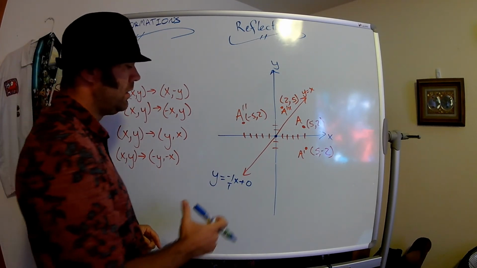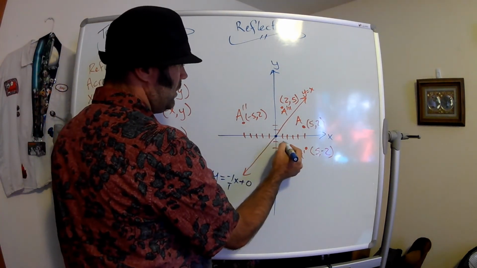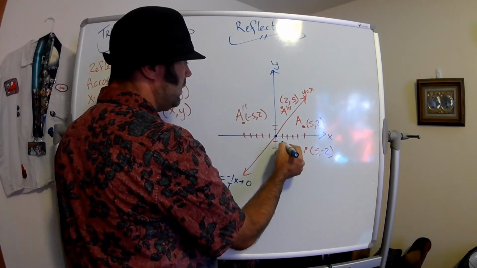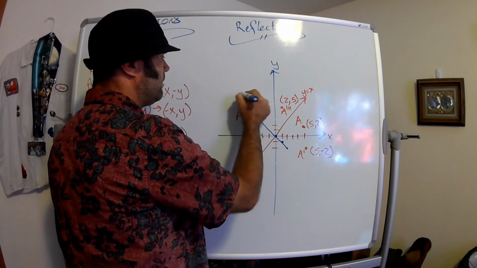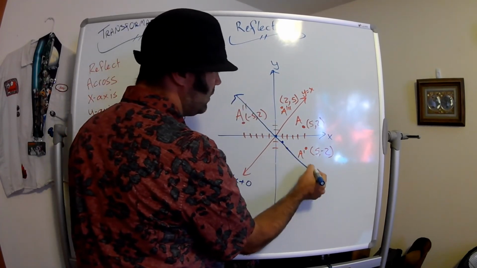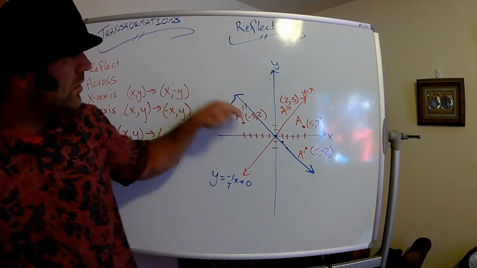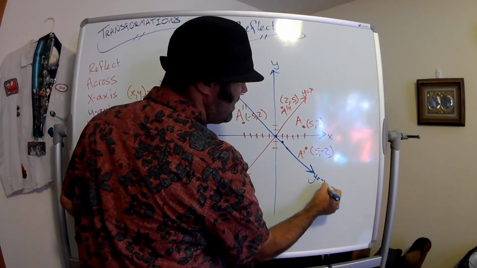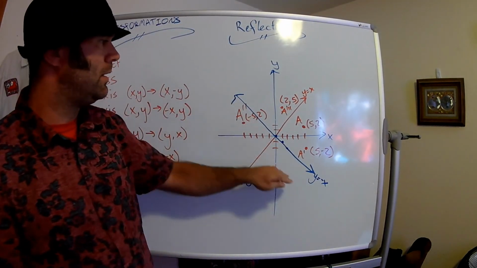Okay? So we're going to go down 1, right 1, down 1, right 1, or up 1, left 1. Okay? So this is our y equals negative x line.